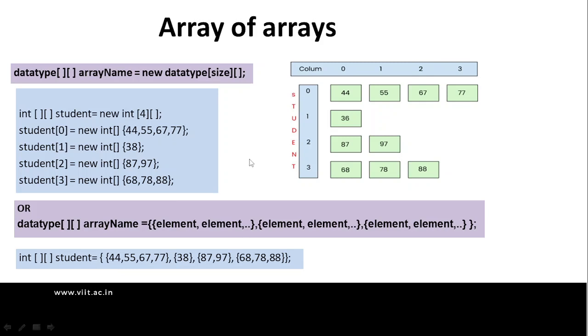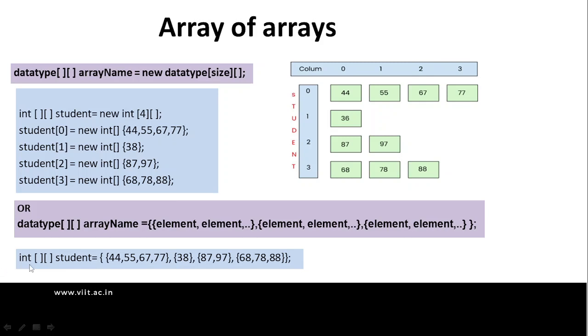Or you can declare it this way also: the data type of a double dimensional array with the array name, where the first array has some elements, then the next array inside has different elements, and so on. You can do this at the time of declaration only.